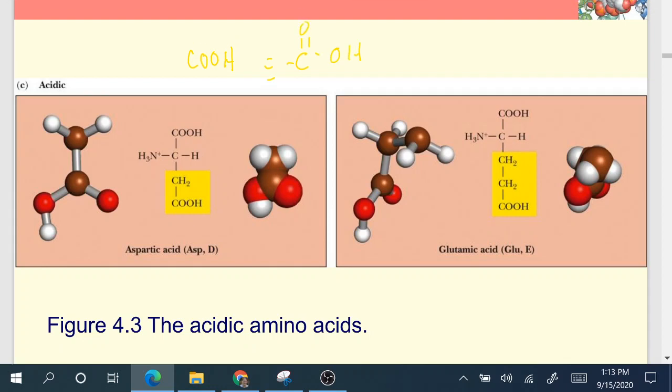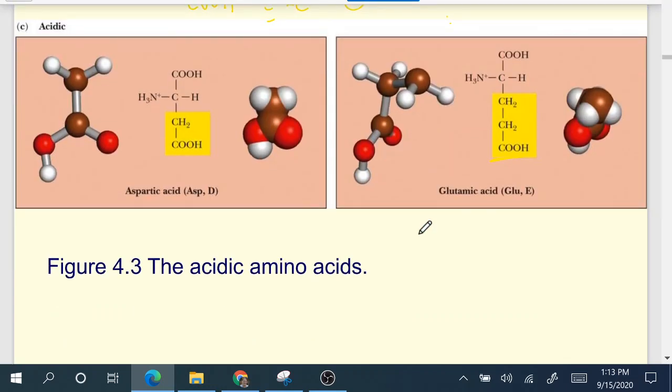That's the way a carboxylic acid really looks, but your book is abbreviating it as COOH, and it loses this hydrogen here to become COO minus. So under biological conditions, we're going to see a negatively charged species there, and so that's the confusing thing about these slides. They list the carboxylic acids with the hydrogens, but then they list the amine group, the bases, as being positively charged, so we'll look at that in a minute. So here we have glutamic acid that's going to generally be negatively charged. Both of these will be negatively charged generally under biological conditions.